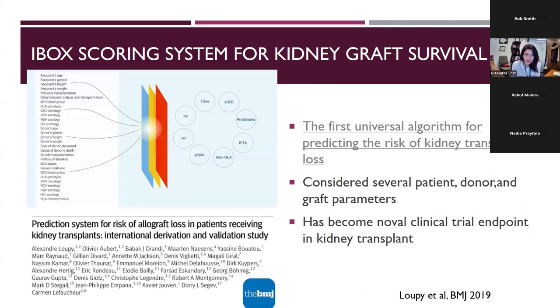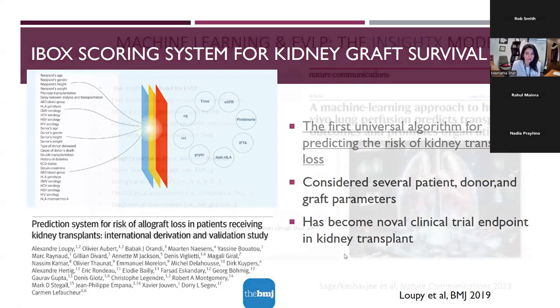So the iBox scoring system for kidney graft survival has been an important work that is now serving as a novel clinical trial endpoint in kidney transplant. One of his key papers was in the BMJ a few years ago now, publishing on iBox, and this is really the first universal algorithm to predict the risk of kidney transplant loss. And it really considers several patient, donor, and graft parameters.